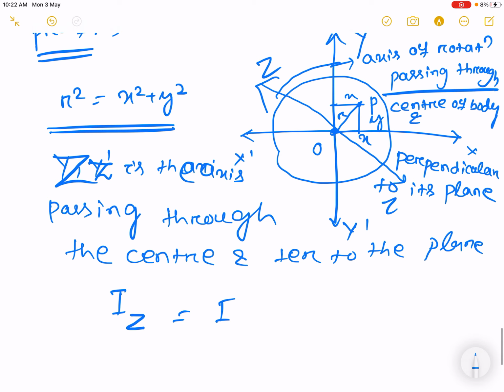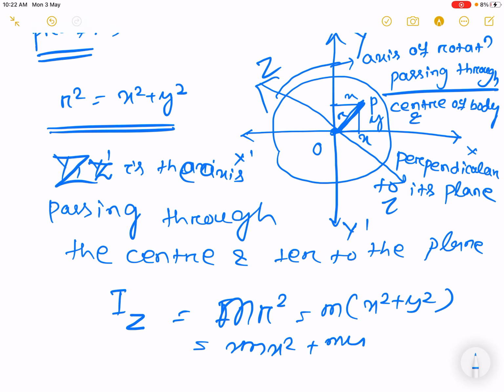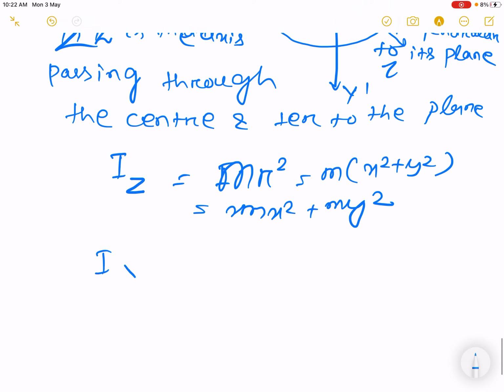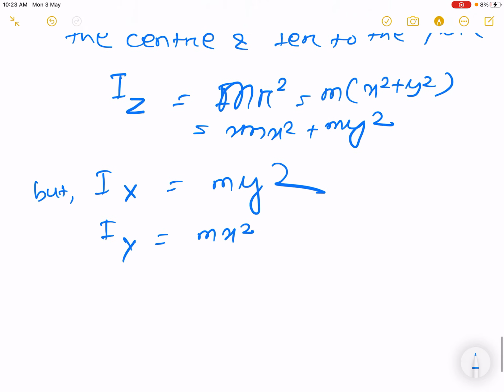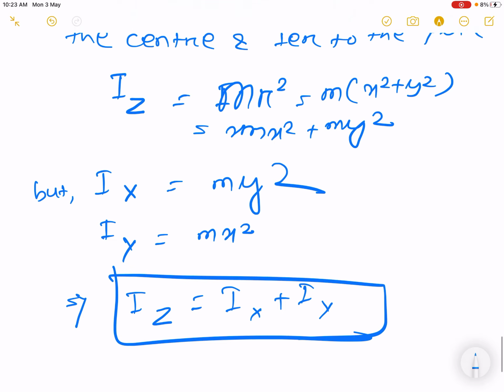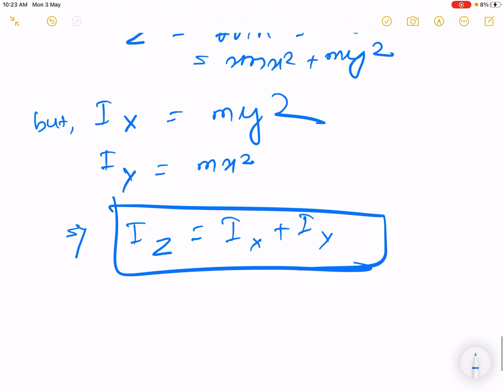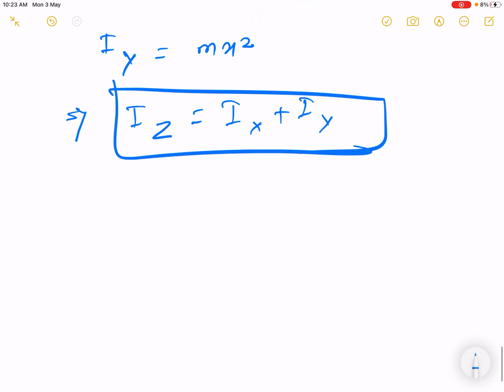Iz equal to m r square equal to m into x square plus y square equal to m x square plus m y square. Moment of inertia about x axis is m y square. Moment of inertia about y axis is m x square. That implies Iz equal to Ix plus Iy. This proves the perpendicular axis theorem.